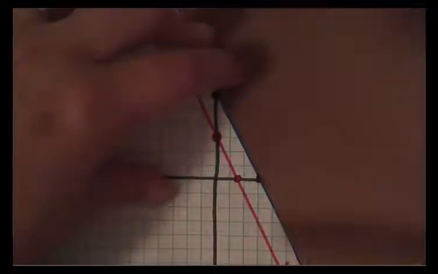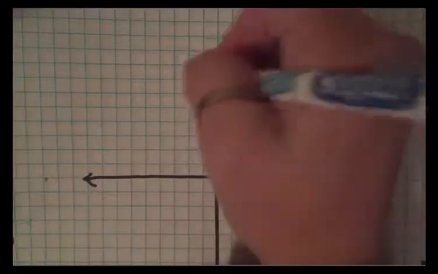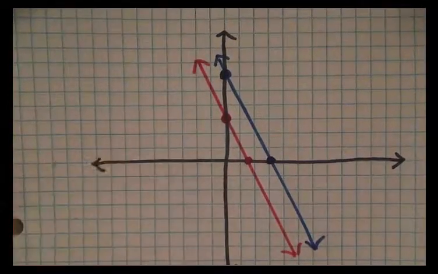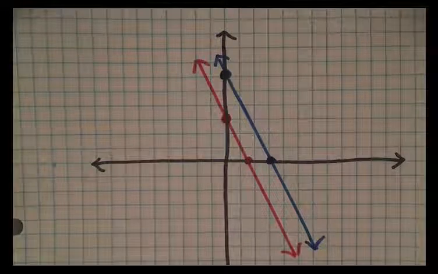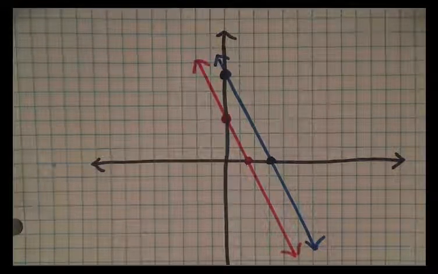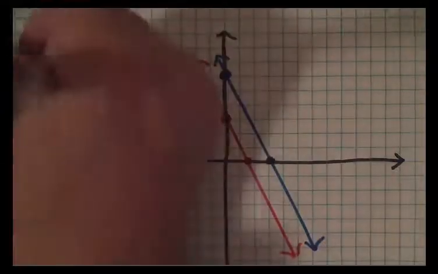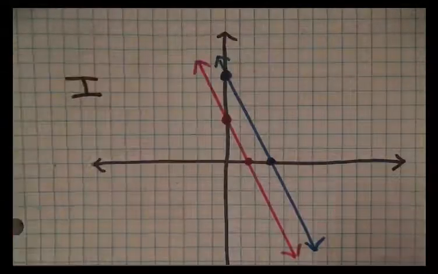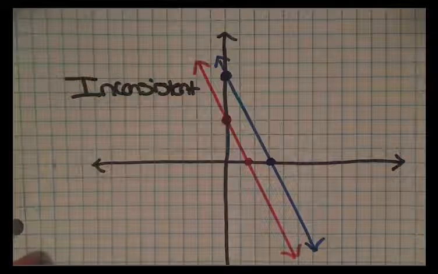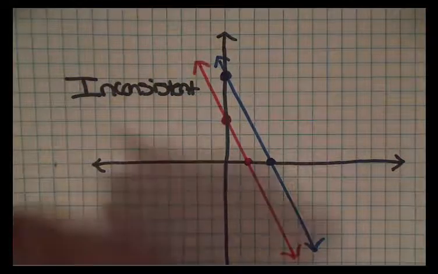Okay. And I even graphed them well enough that hopefully you can see that these two lines are parallel. So these two are never going to cross. So that means these are inconsistent lines. And how many solutions do we have? If they never cross, we have no solutions.